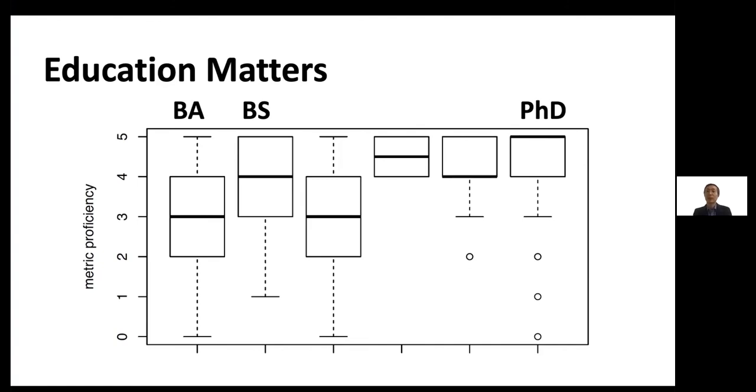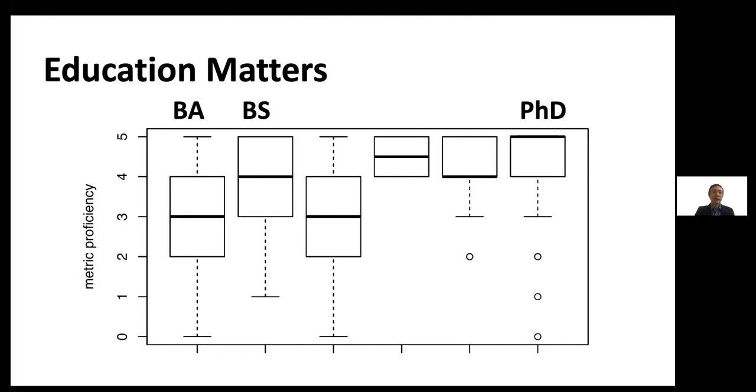It's quite comforting to see that. I don't recommend people pursuing a PhD just to be good at metric proficiency, but it's still comforting to see the PhD has the best metric proficiency. It's also comforting to see students in Bachelor of Science, those in physics, biology, math, or chemistry, tend to perform better than students pursuing arts or social science.